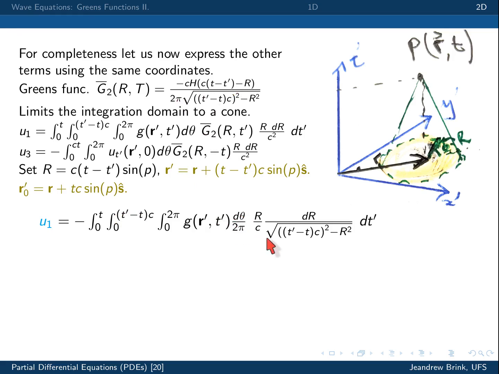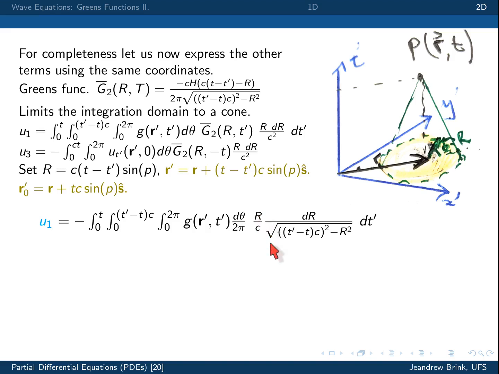The square root is given here. You have c that cancels out with a c squared, and you're left with 1 over c over here. You have this r that comes from the Jacobian also in here. Just as with the u2 case, the r cancelled the actual derivative of the Green's function.